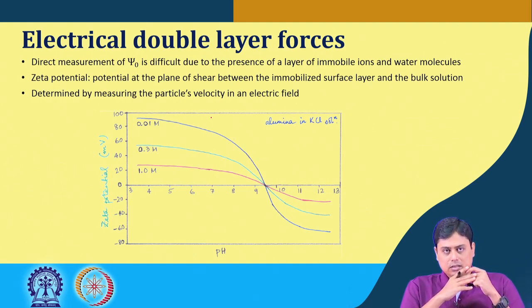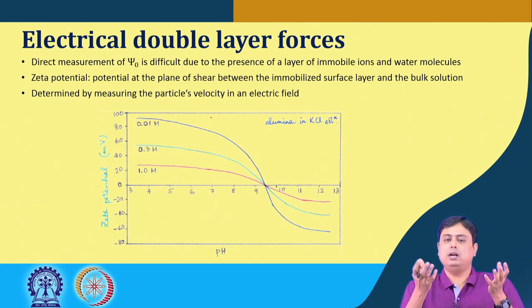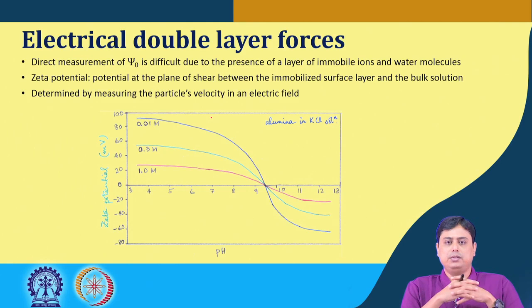The distance between the actual surface and this ion layer surface is about a few angstrom, so it provides a near accurate measure of the surface potential as well. The zeta potential can be measured by measuring the velocity of the particles under an electrical field.